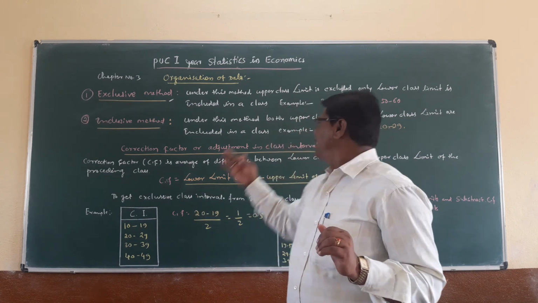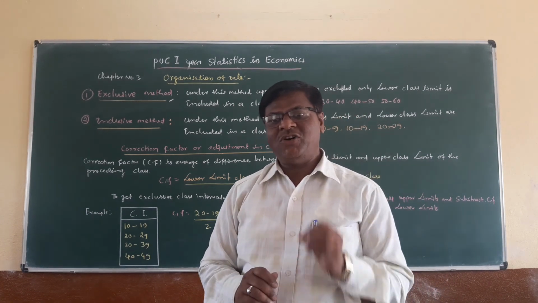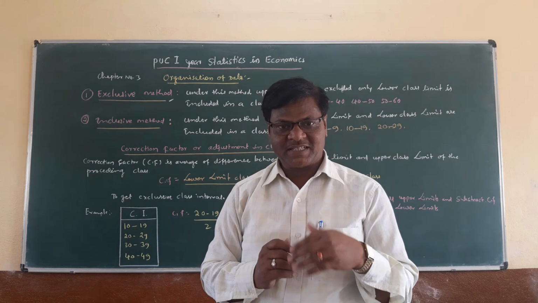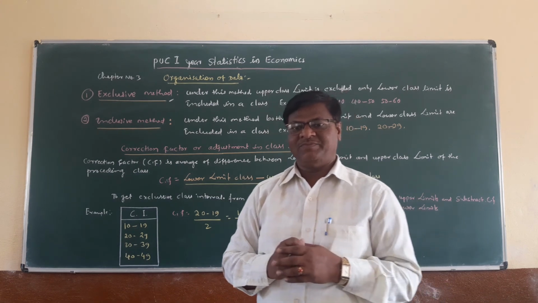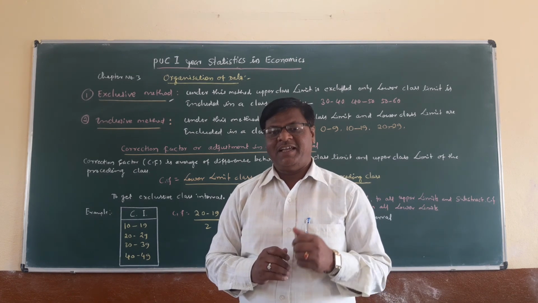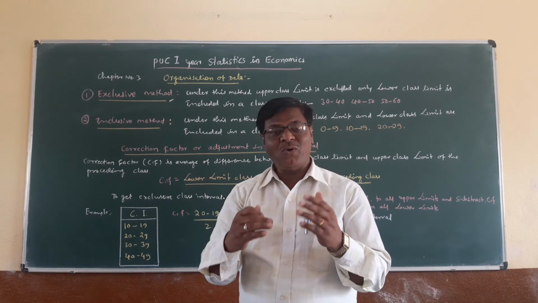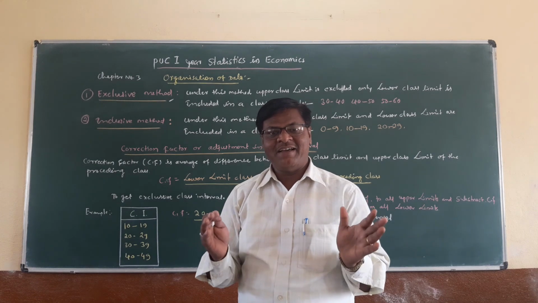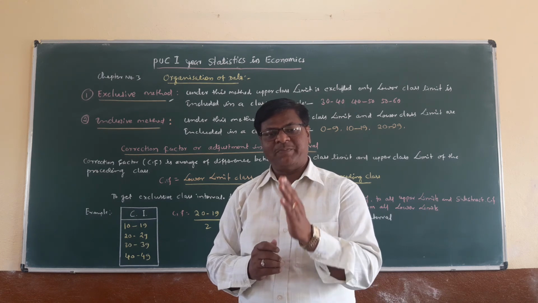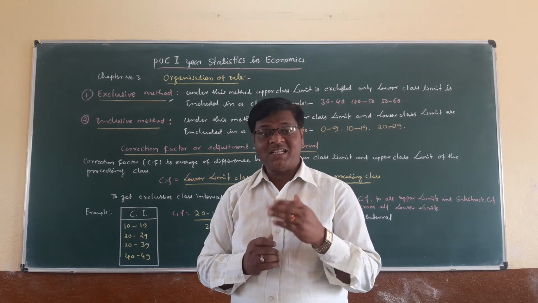For example, 30 to 40, 40 to 50, 50 to 60. It is called the exclusive method.